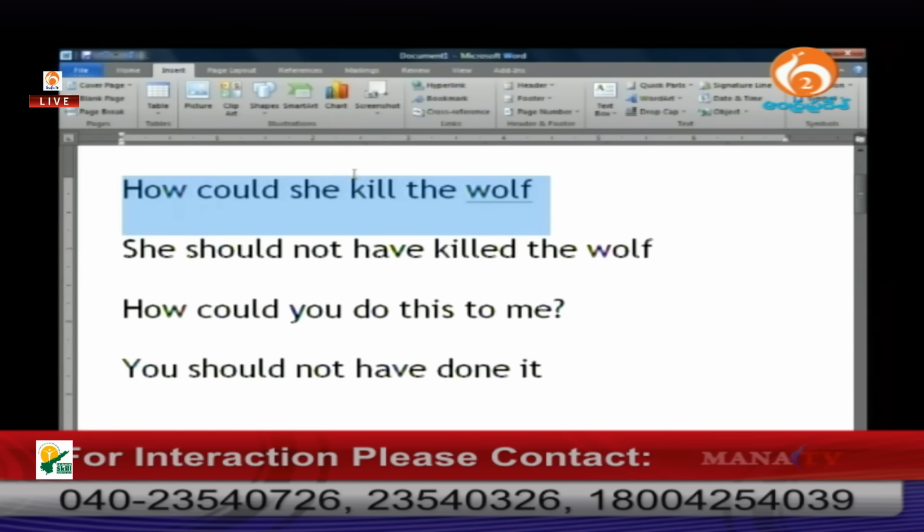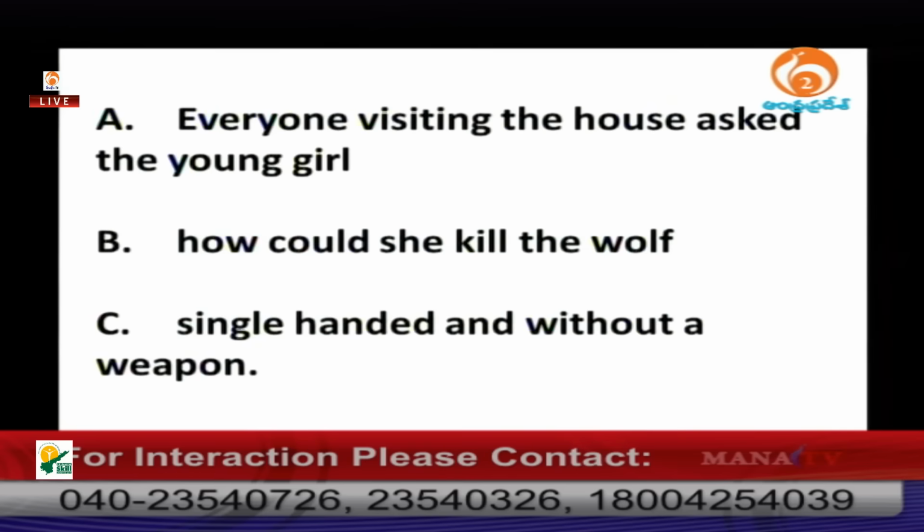If you look at the question stem, it basically means she killed the wolf alone. It doesn't mean that she should not have. They are only asking how was it possible. Here they are questioning the possibility, not the legitimacy of it.